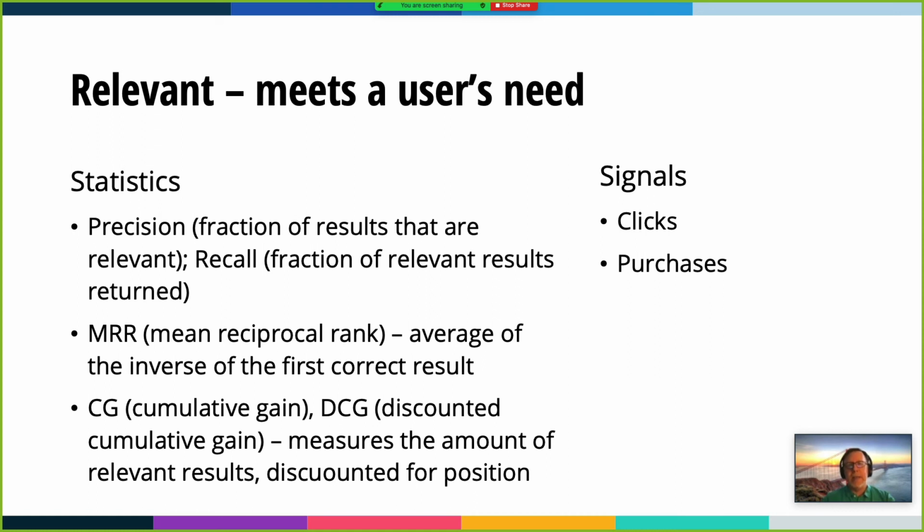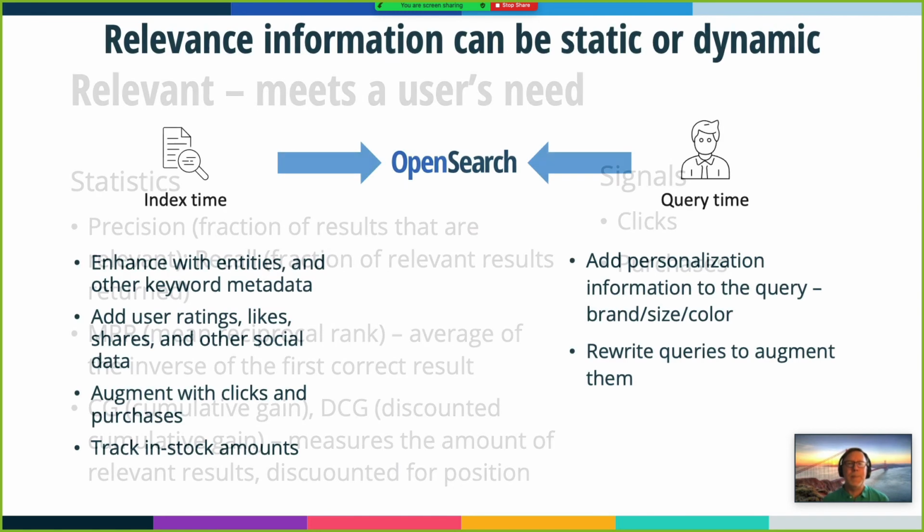And I can track that on the client side, as we'll see, and I can feed that back in to further adjust in the future. A purchase is actually even a stronger signal. If somebody actually laid their credit card down to buy something, then I know for sure that was relevant for that particular thing, for that particular query. And depending on domain, there are many different signals that you can pull out of the client-side interaction with the search results themselves. Next slide.